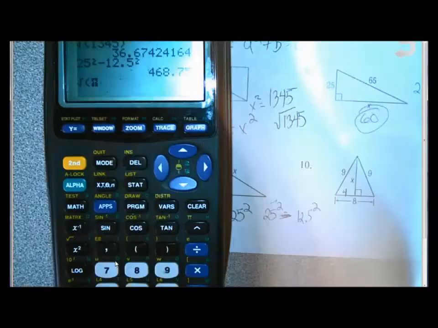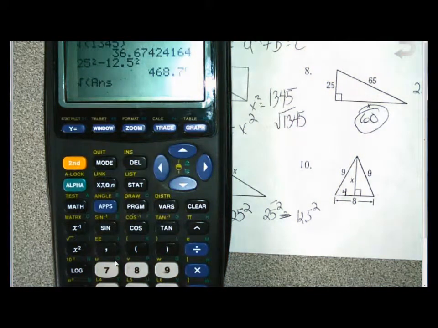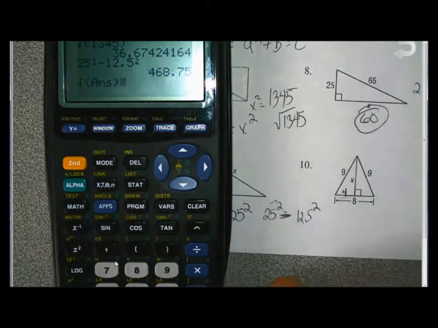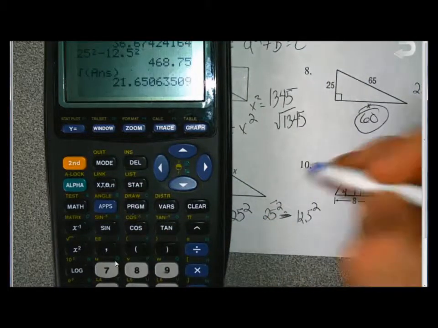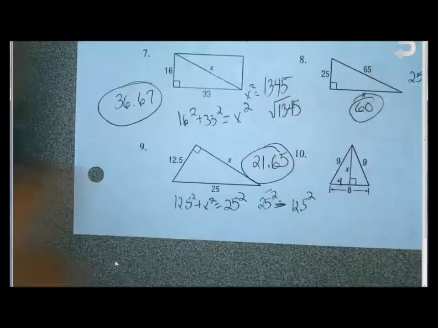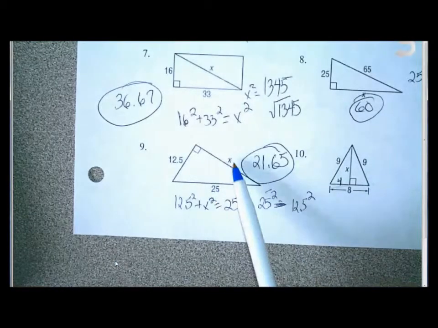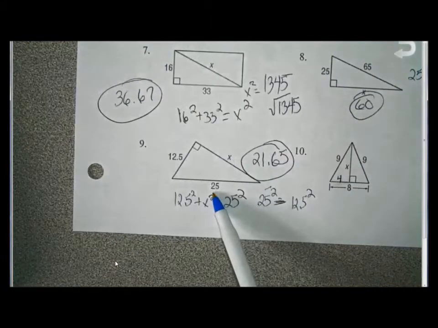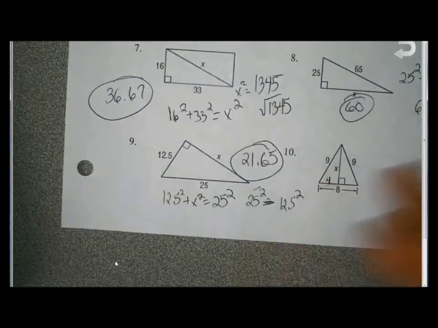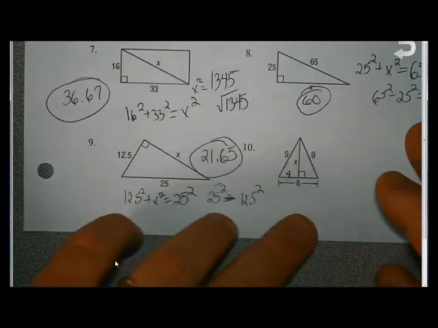That means answer. So you're going to use your previous answer in your new problem. And so when I do that, I get 21.65. And 21.65 is good because it's less than 25. And so we know that's good. All right. Number 10, Chandler, what did you set up for number 10?